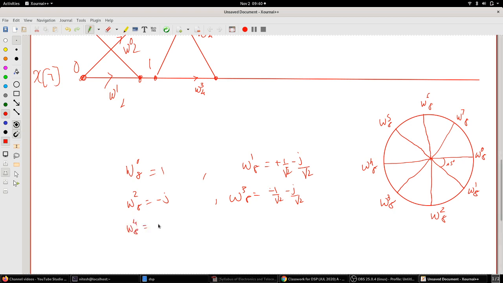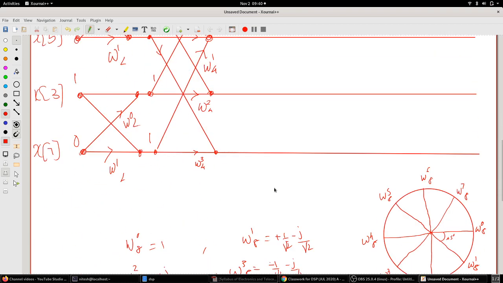W4 of 8 is minus 1, W5 of 8 is in the second quadrant, so this will be minus 1 by root 2 plus j by root 2. W6 of 8 is j, W7 of 8 is in the first quadrant, so 1 by root 2 plus j by root 2. This is what you have.